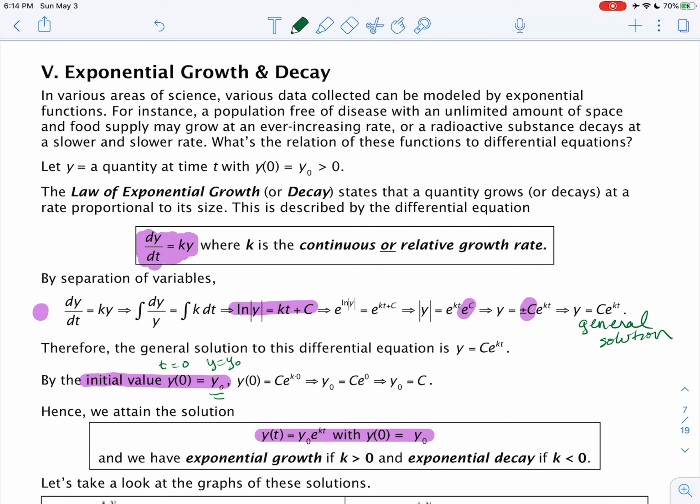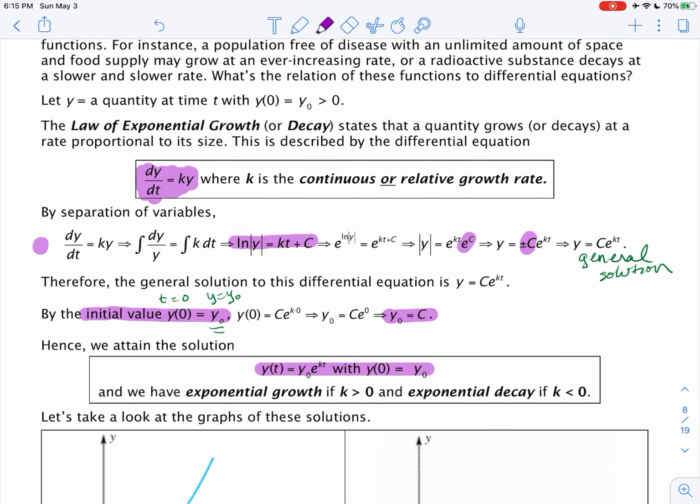If we plug that into our general solution, then we have y of 0 is going to equal c times e to the k times 0, and e to the 0 is 1, and we know that that output should be our initial population. So we then conclude that y of 0 is equal to c. And therefore, we end up with our general model for exponential growth and decay of y of t is equal to the initial population times e to the kt, and k is what's known as your growth or decay rate.